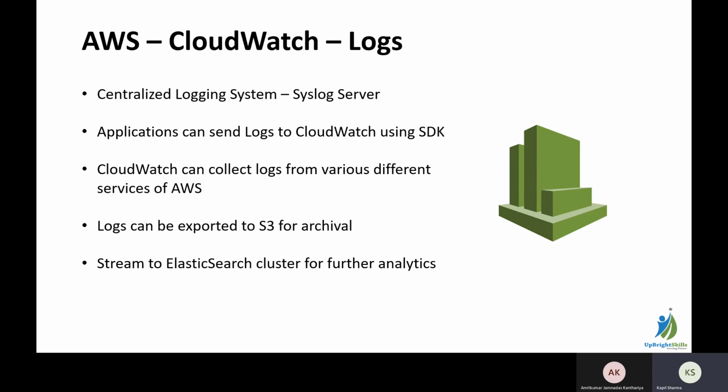Stream to Elasticsearch cluster for further analytics. If you are using an Elasticsearch cluster and want to do further analysis of those logs, you can have your Elasticsearch in place and use the logs stored in Amazon CloudWatch for analytics.